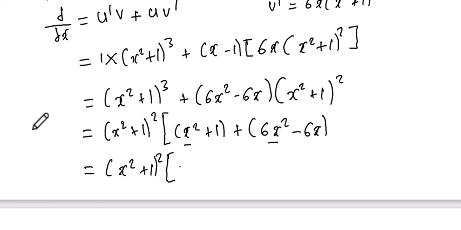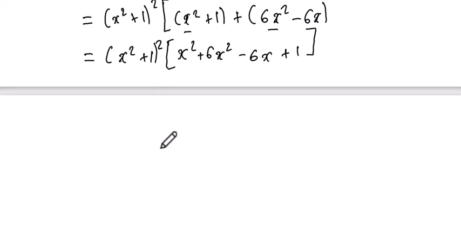And so this is going to be x squared plus 6x squared minus 6x plus 1, okay. So we have collected the like terms, okay.